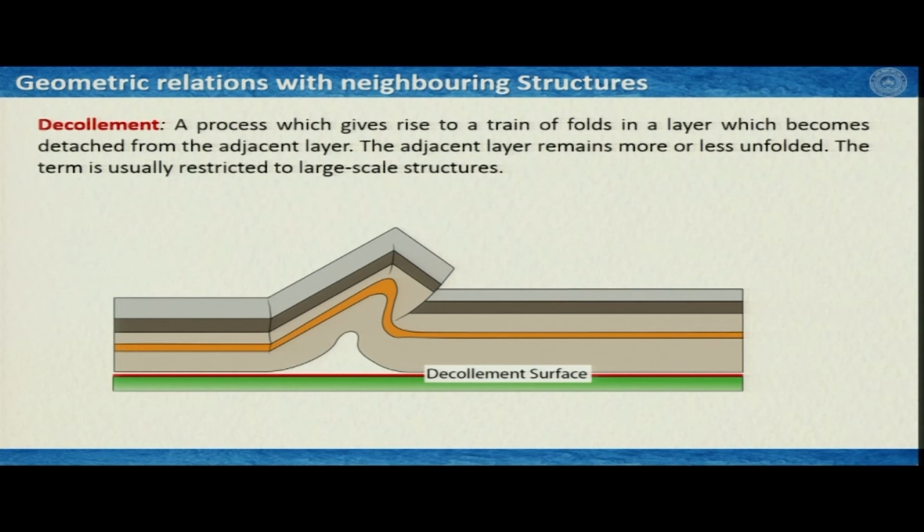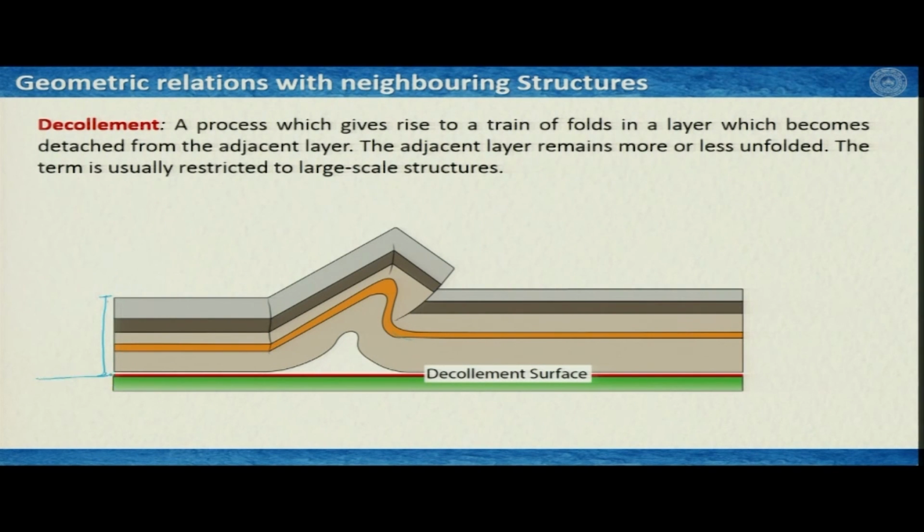So, the adjacent layer therefore does not suffer or enjoy any deformation. So, it is almost unfolded or undeformed, and this kind of décollement you generally see in large scale orogenies. So, what we see here, this series of layers, these are getting folded. So, it got folded like this.